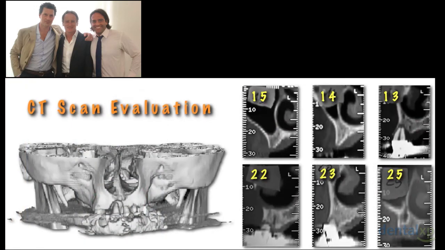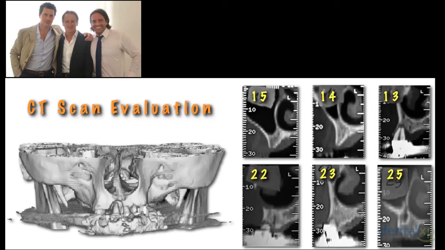Another piece of information is the CT scan evaluation, because we saw that we are going to lose all the upper arch teeth, so we have to evaluate where the bone is and how the bone is. We can see that in this case all the bone is in the anterior area. In the posterior area, we know that if we want to place some implants, we have to do more invasive techniques like sinus lift on both sides.